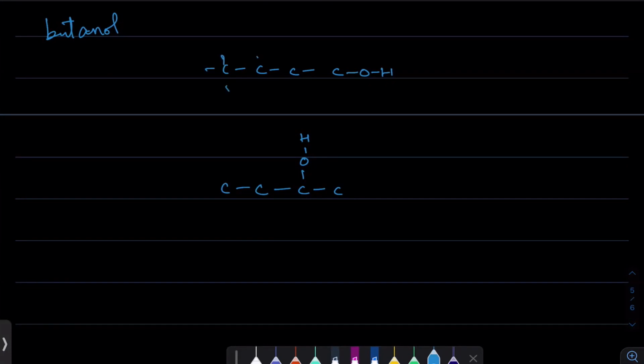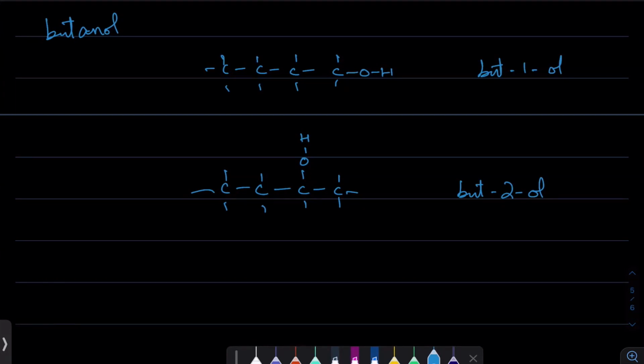I'll fill the rest of it. अच्छा, अब इसका नाम होगा ब्यूट, because 4 carbons, 1 ol, और इसका नाम होगा ब्यूट 2 ol. Okay, so you can clearly see that these are isomers.